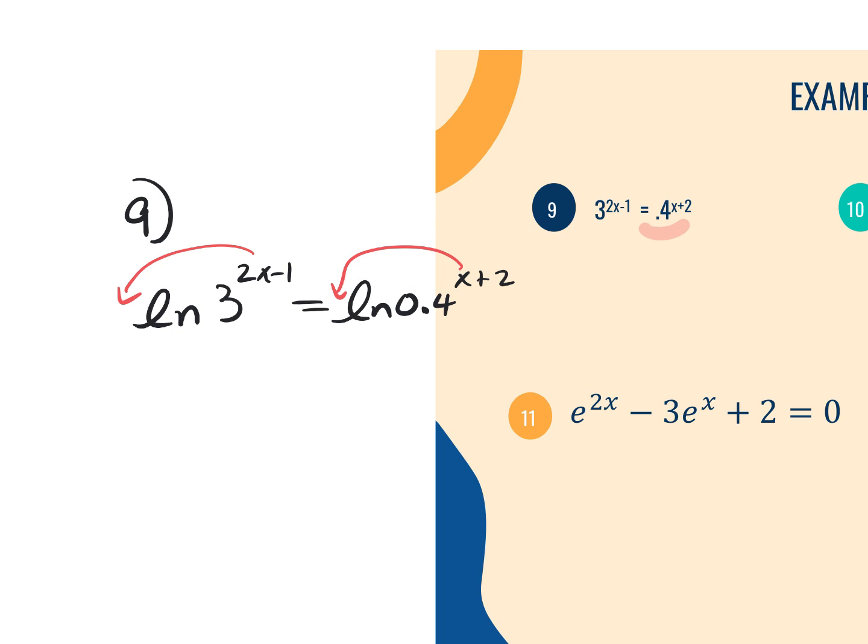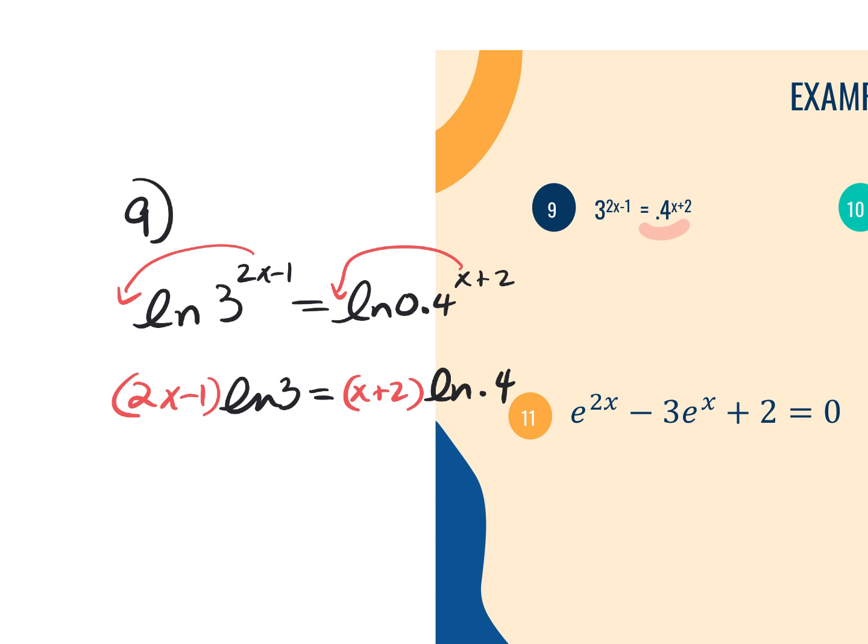Now I'm left with 2x minus 1 times ln of 3 equals x plus 2 times ln of 0.4. Now, ln of 0.4 is just a number. Same thing with the ln of 3.